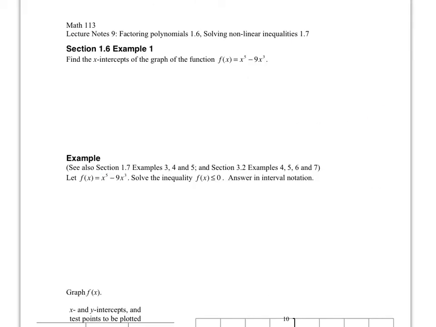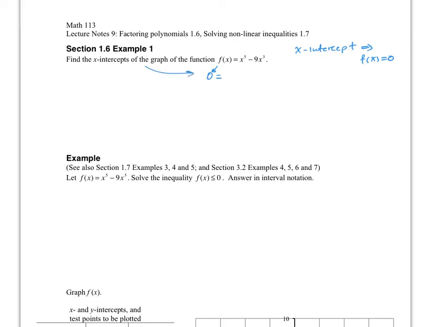The first thing it's asking you to do is find the x-intercepts before we find where this is increasing or decreasing. Remember that an x-intercept means f of x equals 0. So to find x-intercepts, you set this equal to 0.